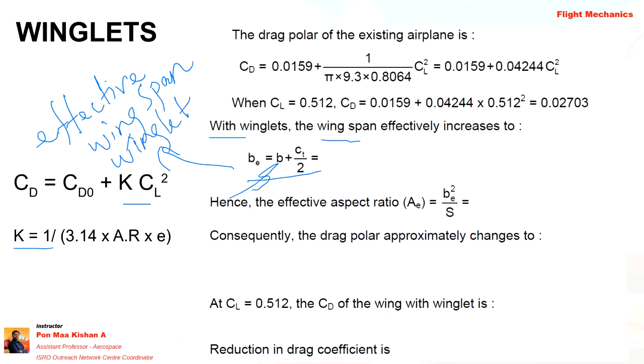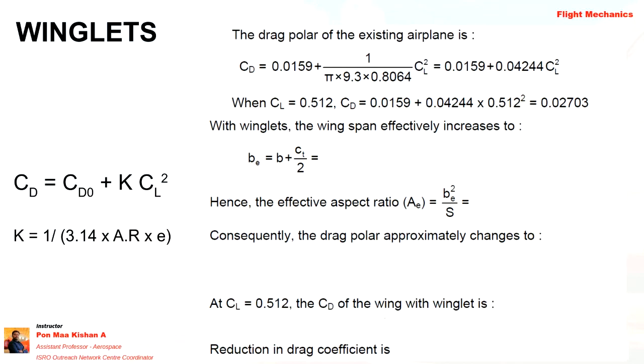In order to calculate the wingspan of the entire wing with winglet configuration, we have to use b_e, that is the effective span. b_e equals b, the old span without winglet configuration, plus the tip chord of the winglet, sorry, the tip chord of the wing, which is given in the question, divided by 2.